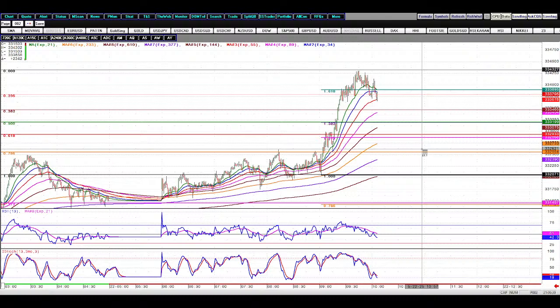Okay, for the 37, the stop loss we are putting is 29, and the TP is 45.